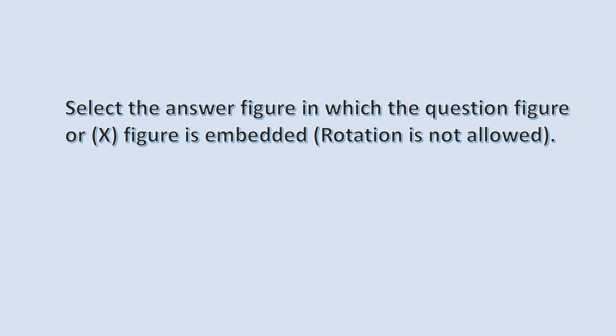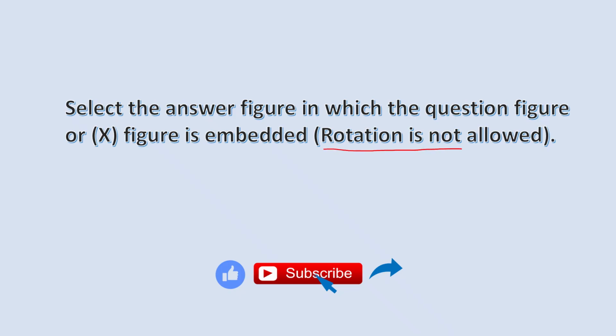So the next type of question, where it is mentioned in the question that rotation is not allowed, is another type of question which appears in embedded images. Here, select the answer figure in which the question figure or X figure is embedded. And they have said here that rotation is not allowed. This is very important.